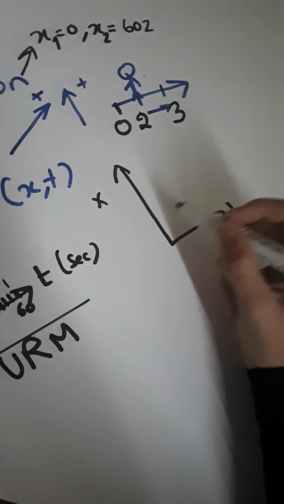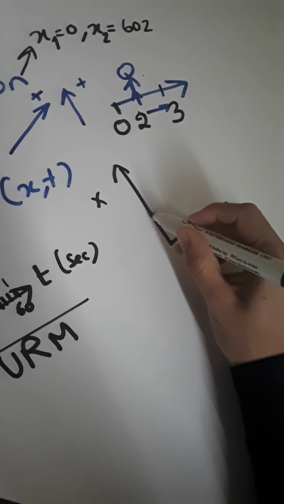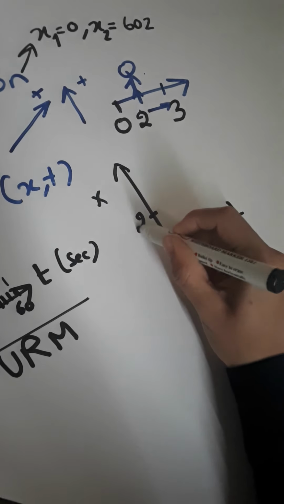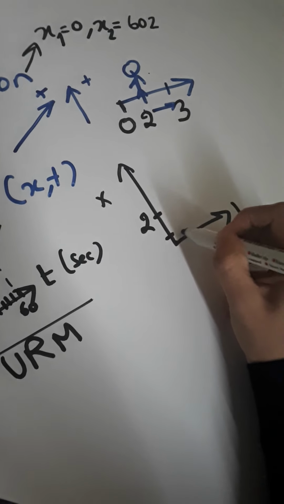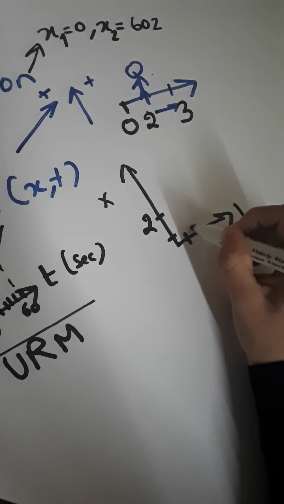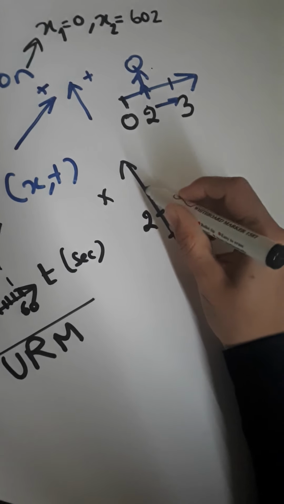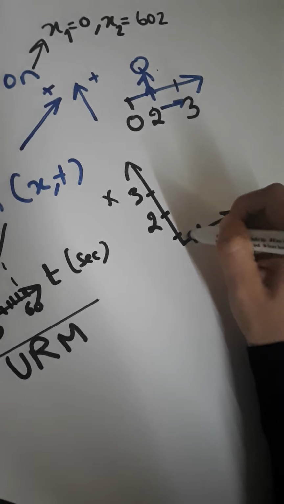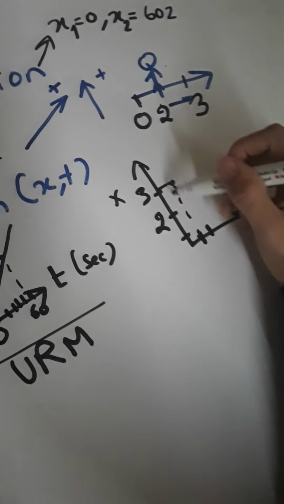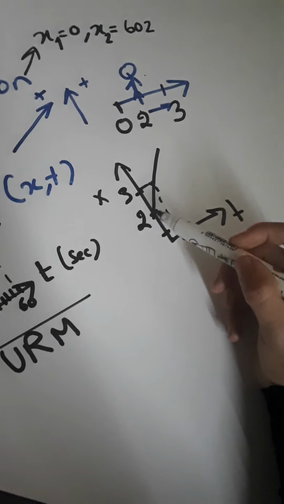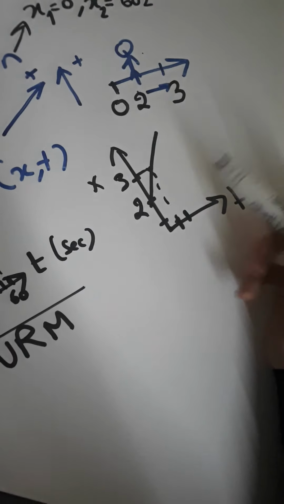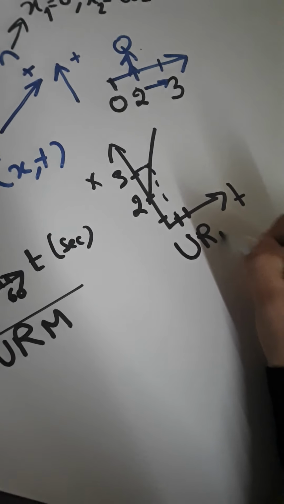Let's extrapolate this. At t equal to 0, the man was at 2. This is 2. At t equal to 1 second, the man was at 3. So I extrapolate the second point. This is the graph. It's a straight line. So it is a URM.